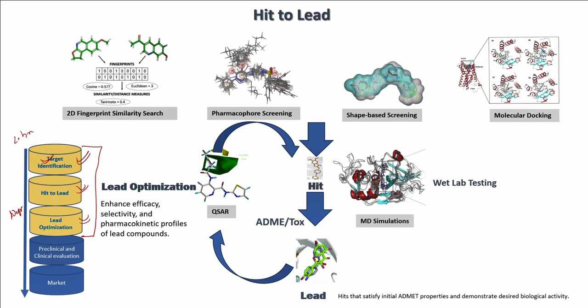The results from these methods have to be evaluated using molecular docking. They will just be looking for similarity, pharmacophore-based similarity as well as shape-based similarity. But to see if they can fit inside the pocket of your target molecule, you have to do molecular docking. So molecular docking plays a very important role.